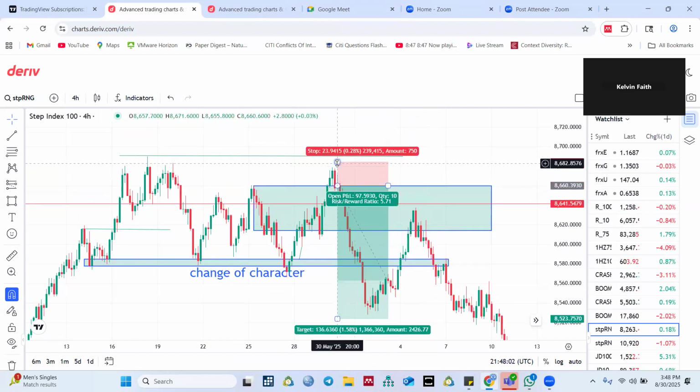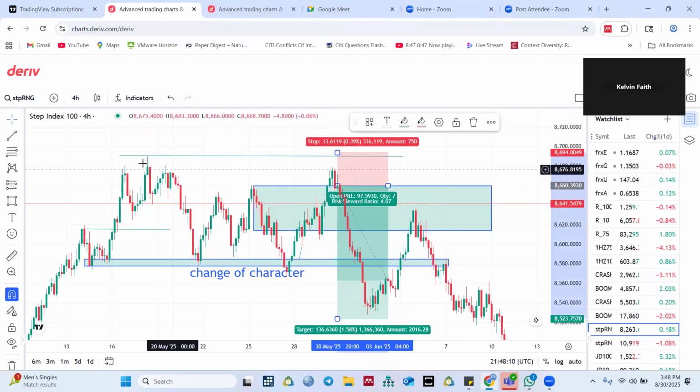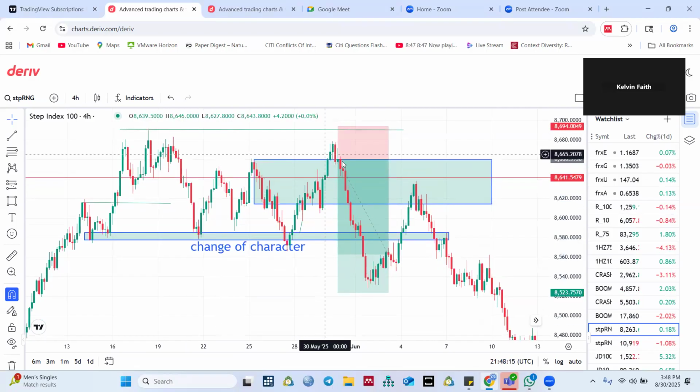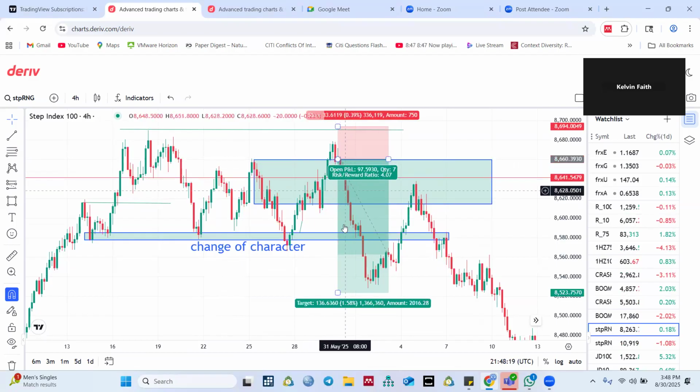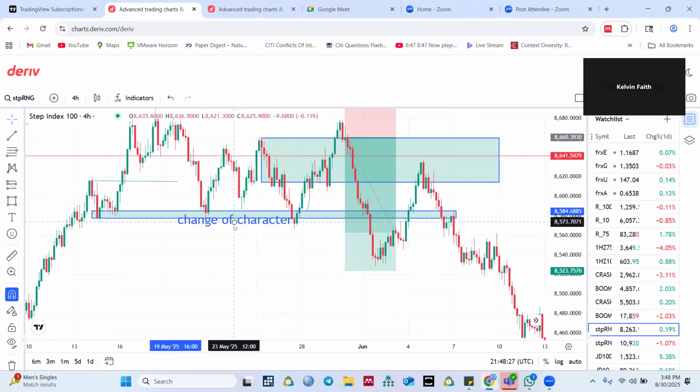Our stop loss is going to be a little bit smaller this time. Our stop loss is going to be the high that it gave us, or the high at the left side. Because we are inside the premium again, we can take the sell. Our goal is now we have a change of character, or an indication that price wants to go bearish.